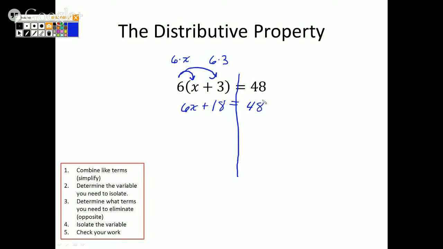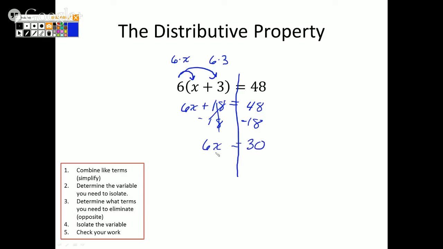I'm adding the 18. I do reverse order of operations since I'm undoing my problem. So I'm going to start with the 18. And instead of adding it, I'm going to do the opposite, which is subtracting. So I'm going to subtract 18 from each side. Plus 18 minus 18 cancel out. I'm left with 6x is equal to, and then 48 minus 18 gives me 30.